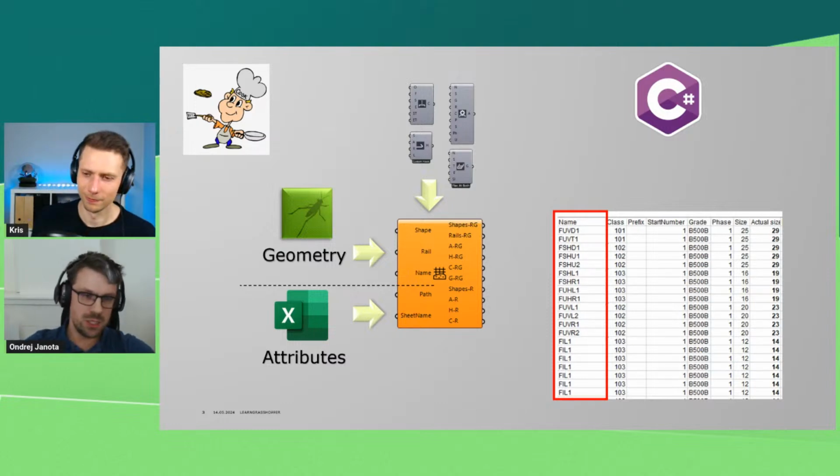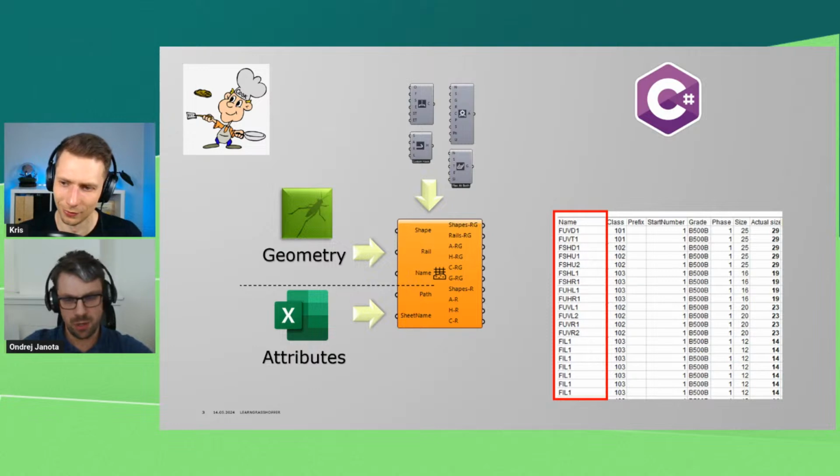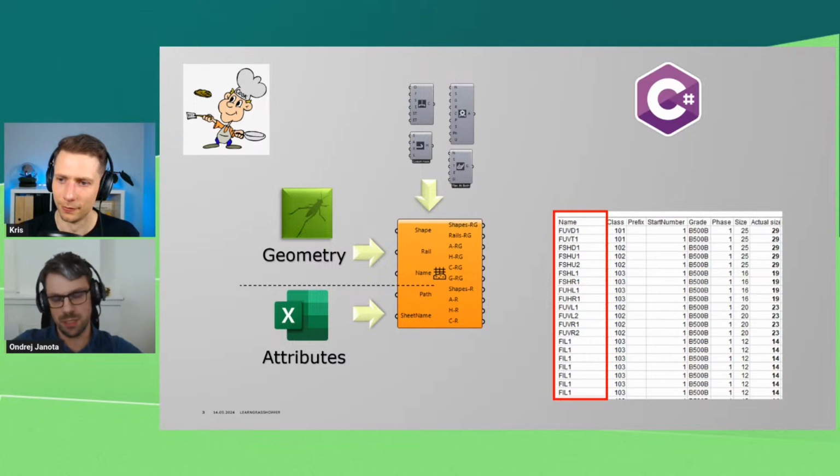Yeah. So first, the geometry is defined in Grasshopper or in Rhino. It depends on the user, but you need to provide a name for each rebar group. And in Excel, you have the attributes, like you can see on the right side of the slide, and you again provide a name for each row, and then in the component, the attributes and geometry are matched together with the name.